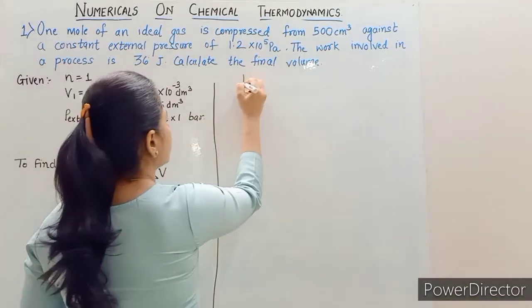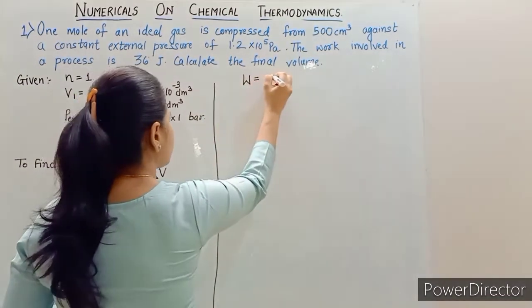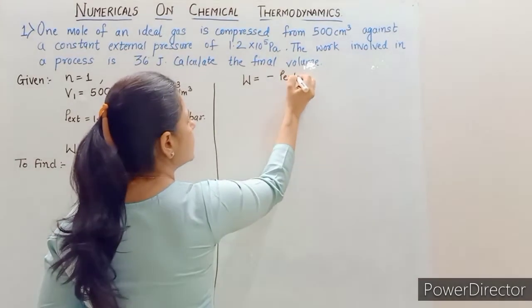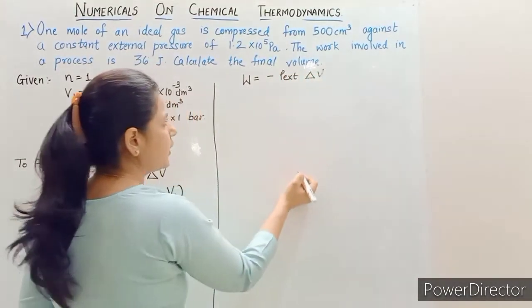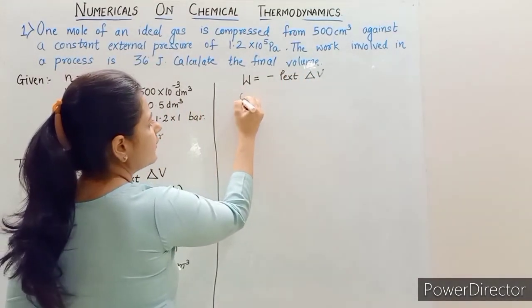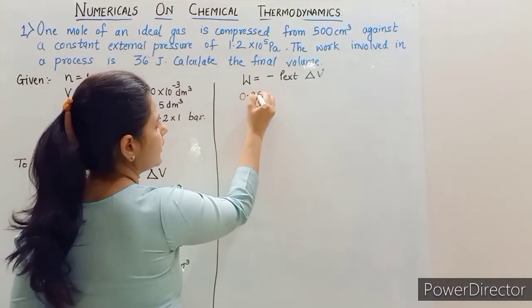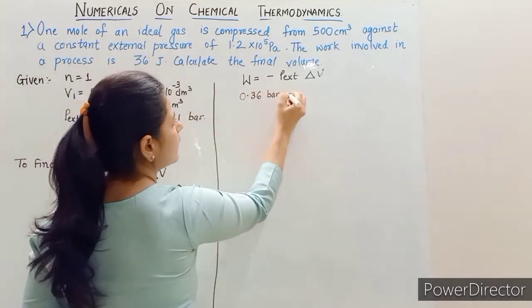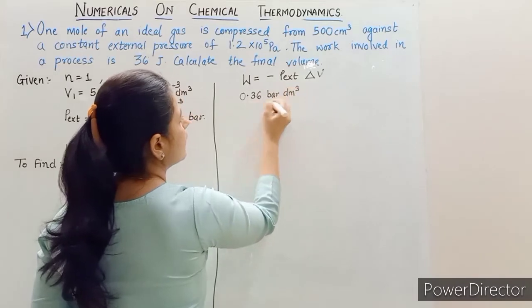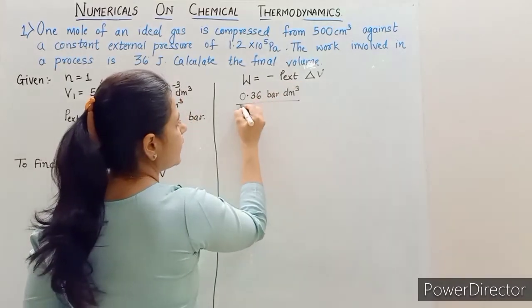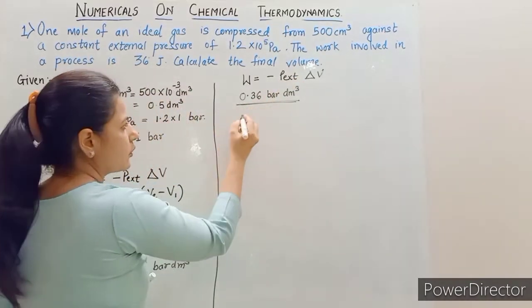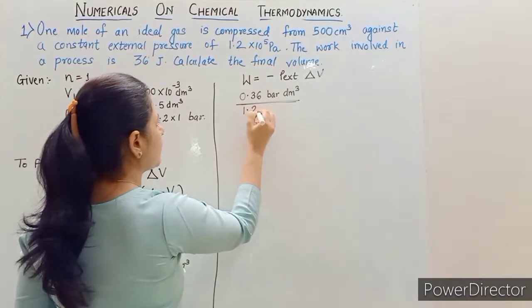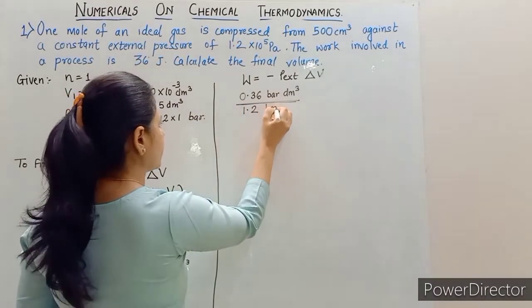So here W will be equals to minus P external into delta V. Okay, so W is 0.36 bar dm cube upon, I will bring this P external over here. Okay, so my P external is 1.2 bar.